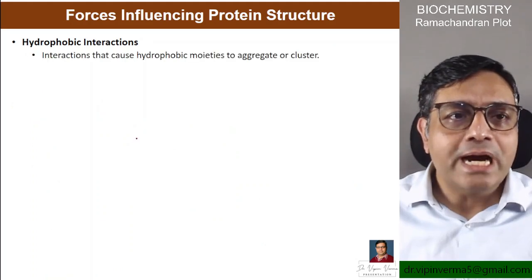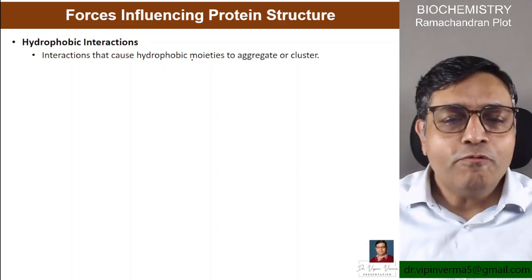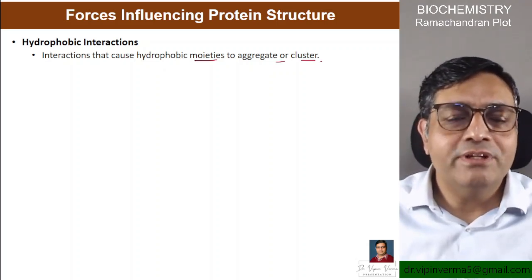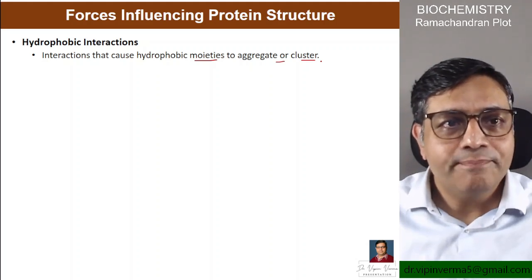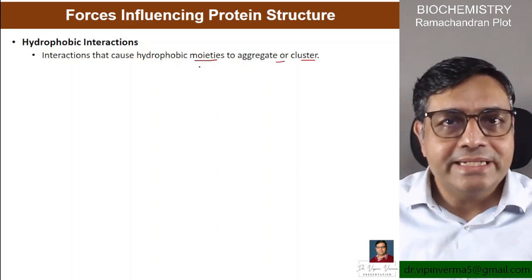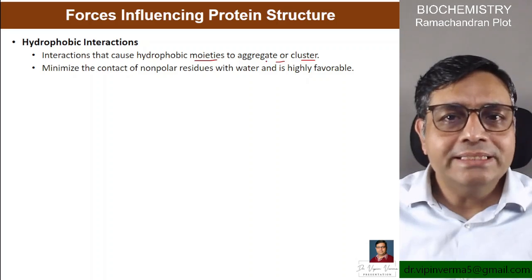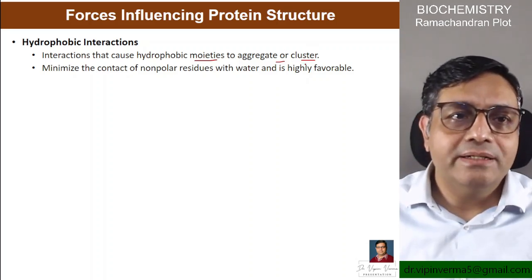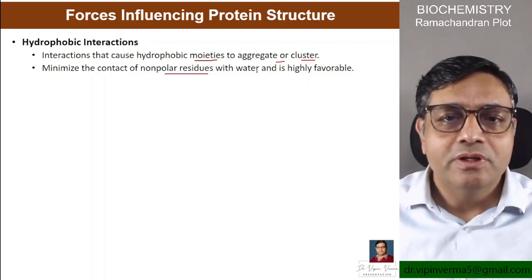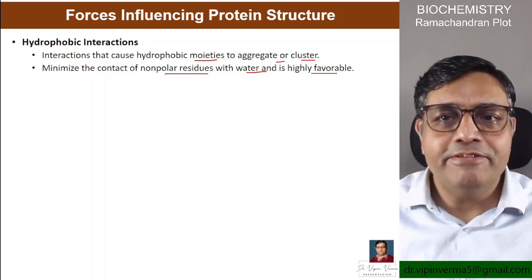Now, if you see the hydrophobic interactions, they cause hydrophobic moieties to aggregate or cluster. So we have the non-polar amino acids, and these non-polar amino acids can be aggregated by this hydrophobic interaction. By this aggregation or clustering, they are minimizing the contact of non-polar residues with water, and therefore this interaction is highly favorable.